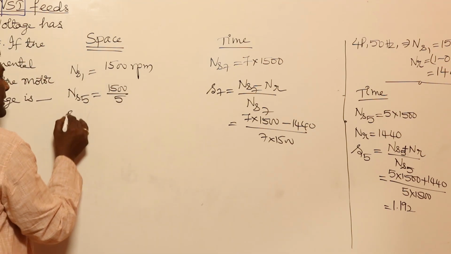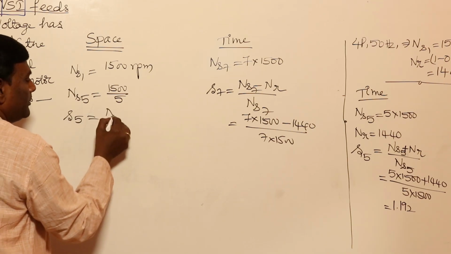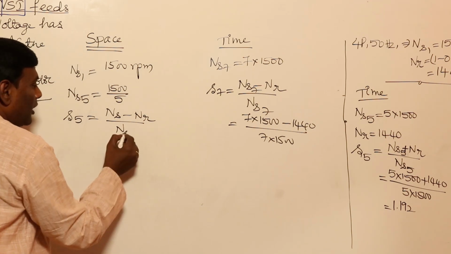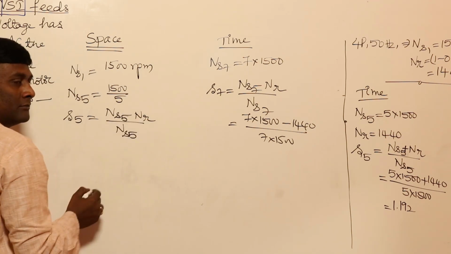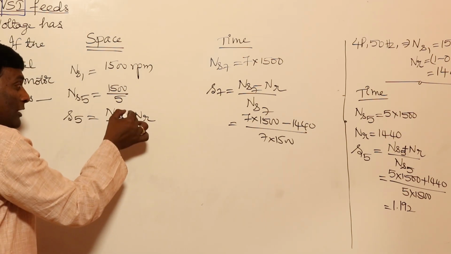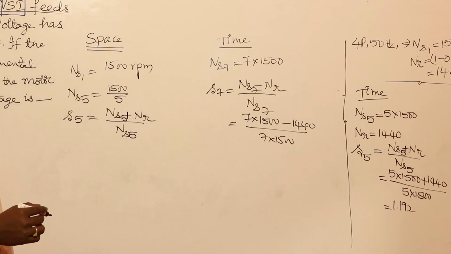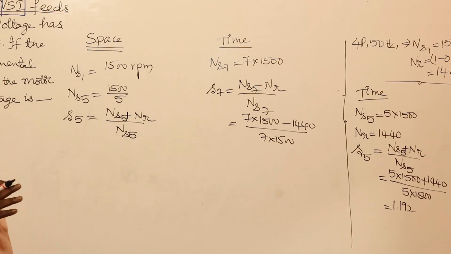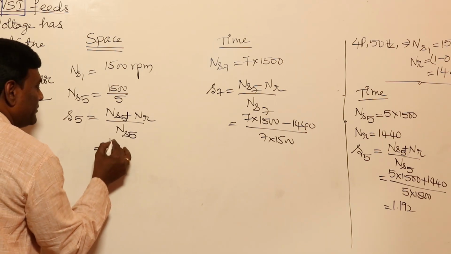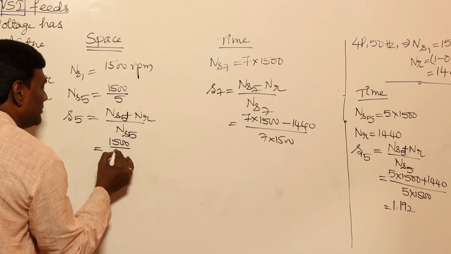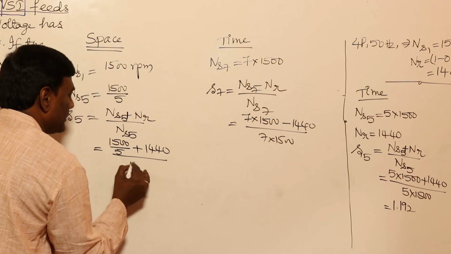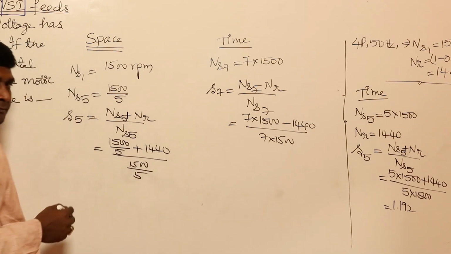Now let us calculate the slip of the fifth harmonic component: ns minus nr by ns of the fifth harmonic. The nr will be the same speed and opposite rotation because you have to use minus in the equation h equal to 6n minus 1, which is 5. So ns5 is 1500 by 5 plus nr, which is 1440, divided by 1500 by 5.